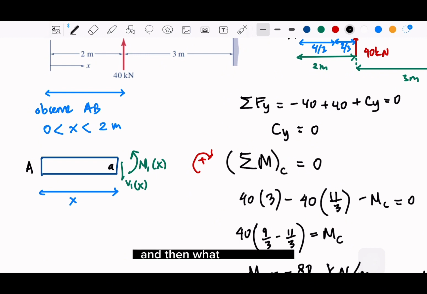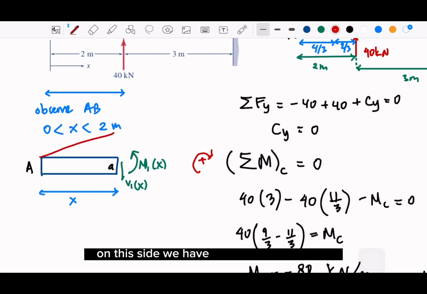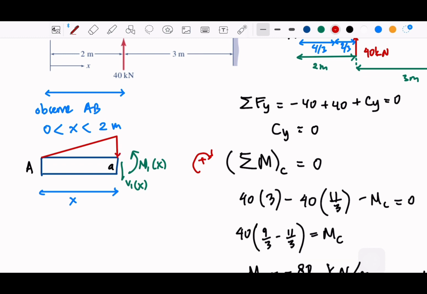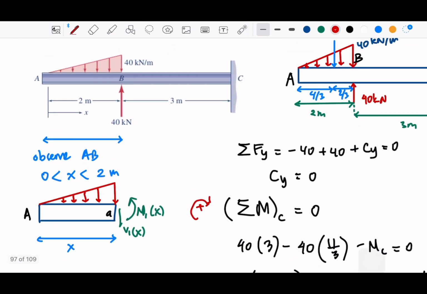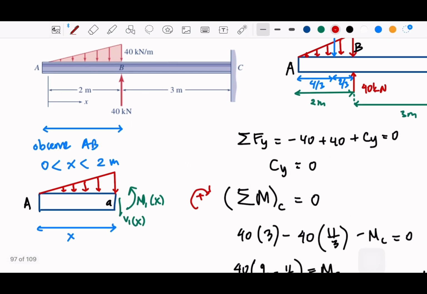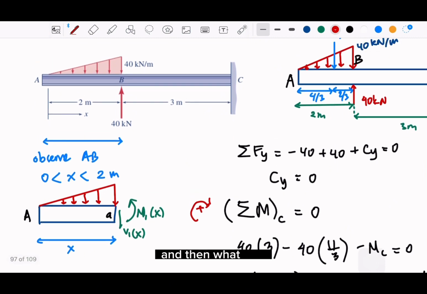And then what do we have? On this side we have the distributed load, right? And then what else?